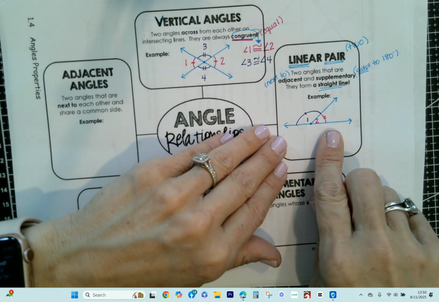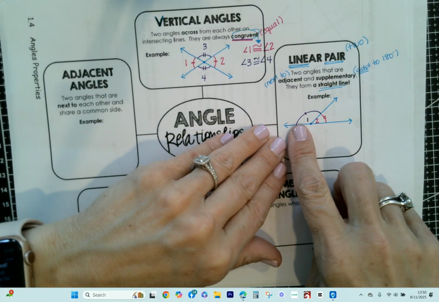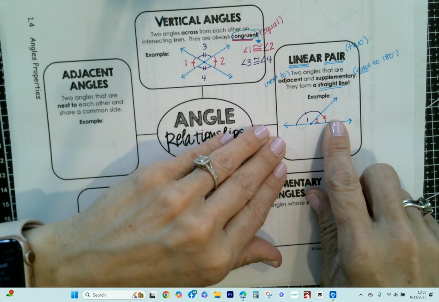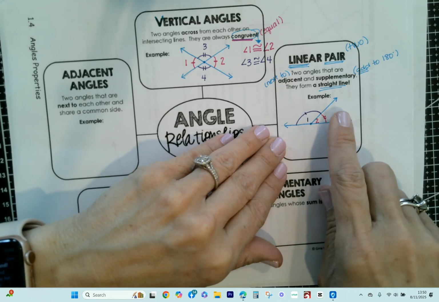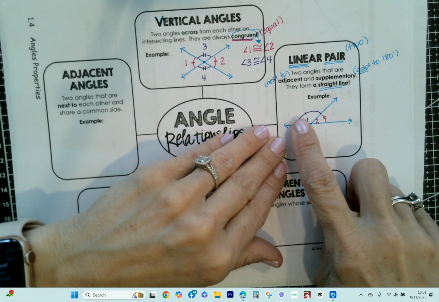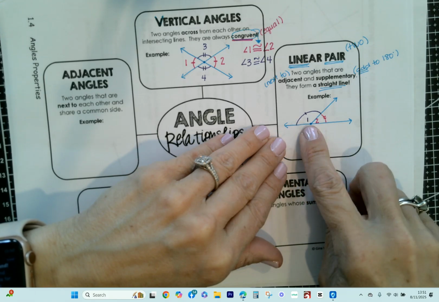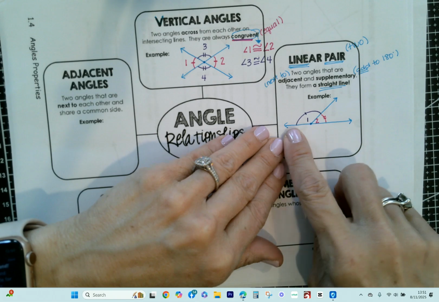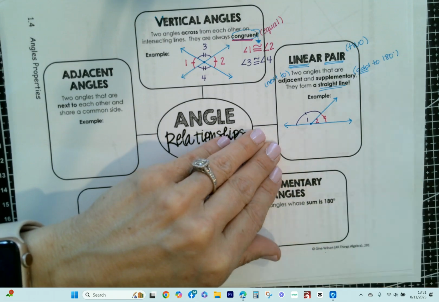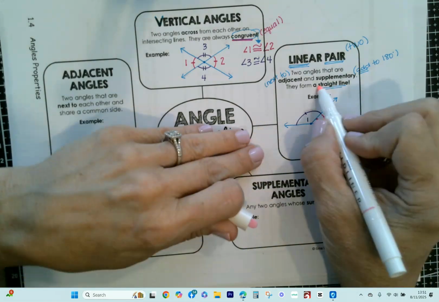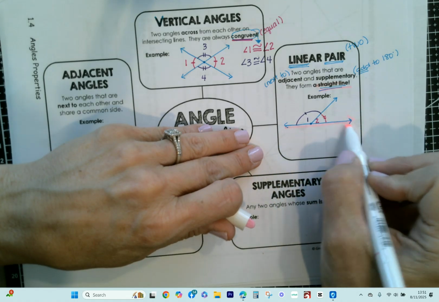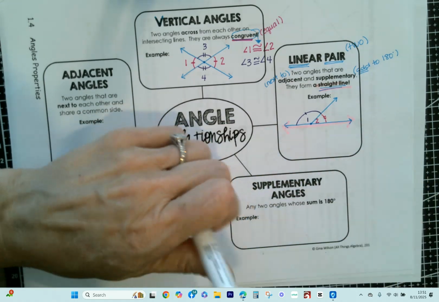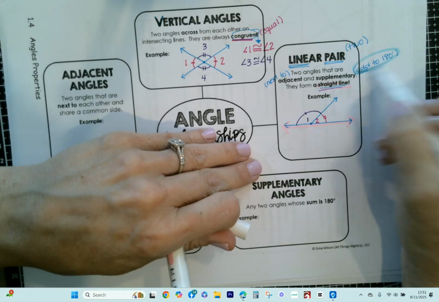So what you're looking at is one angle and another angle. They're next to each other, side by side. They add to give you a measure of 180 degrees, and they form that straight line. Here's the straight line part, that's what they're forming, right? They're going to form that straight line right there, but they're going to add to 180.